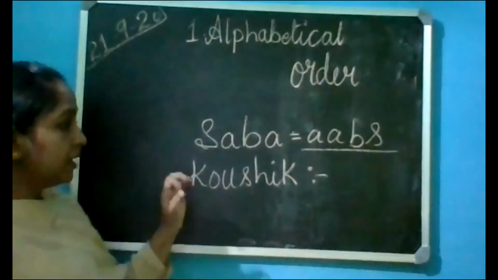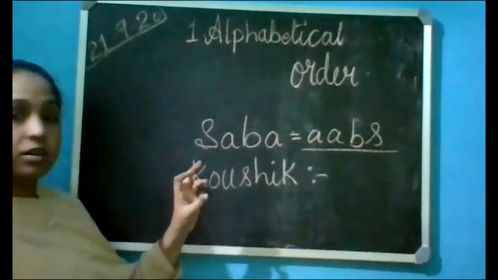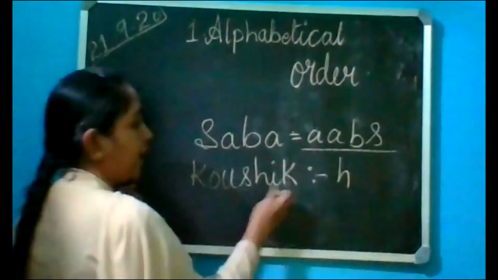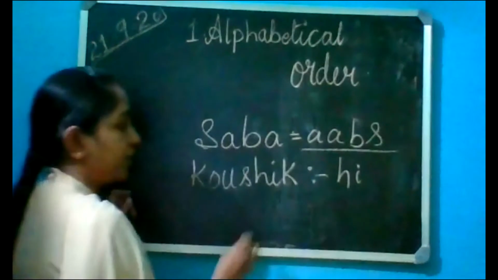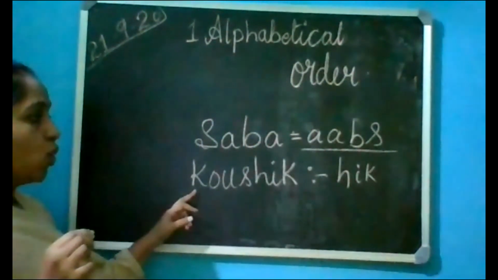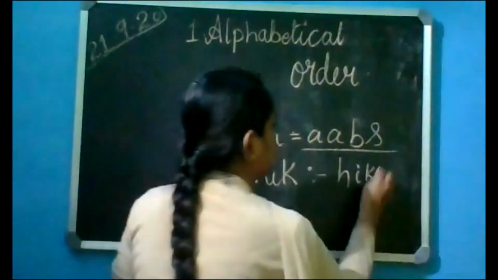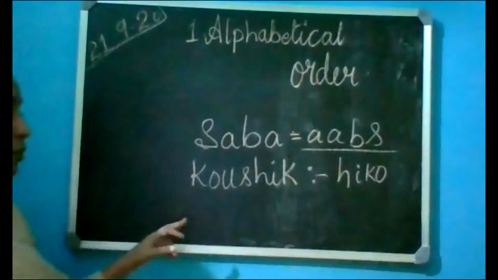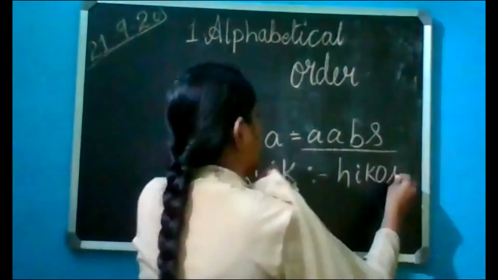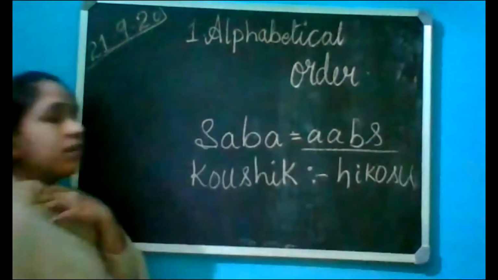A, B, C, D, E, F, G, H, then I, J is not there, whereas K is there. L, M, N, O. Then I'm going to have S. Then U. So this is how I'm going to write.